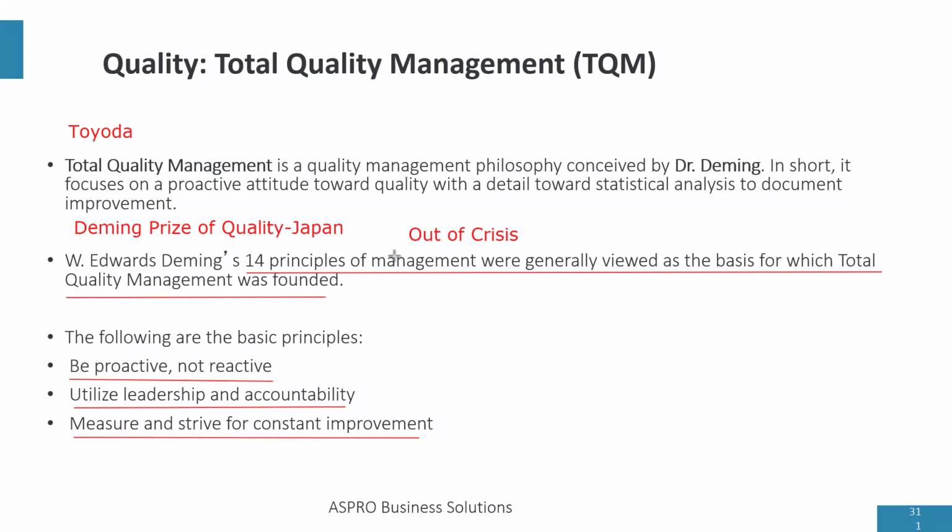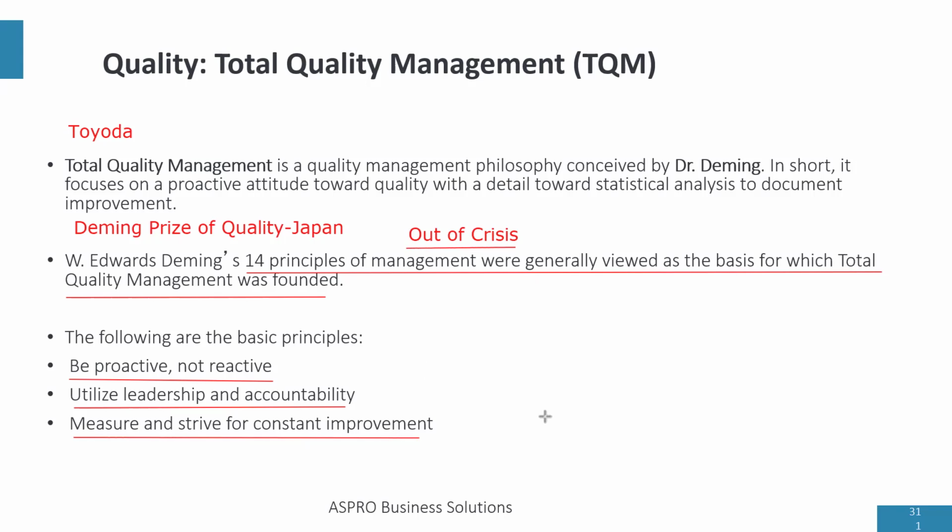So total quality management became a quality management system, which was drawn out of the book Out of Crisis that Dr. Deming created for American businesses to be able to compete with Japanese businesses.